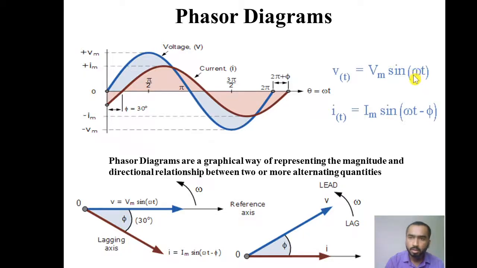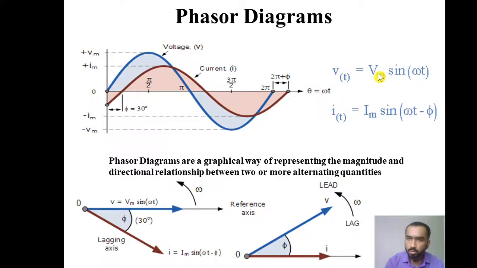Omega is 2 pi f, 2 pi into frequency, and t is the time instant. If we want to calculate voltage after 1 second, then the value of t is 1. If we want to calculate the instantaneous voltage at 2 seconds, then the value is 2.